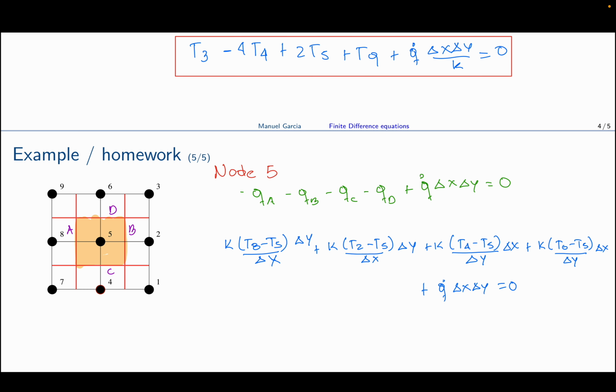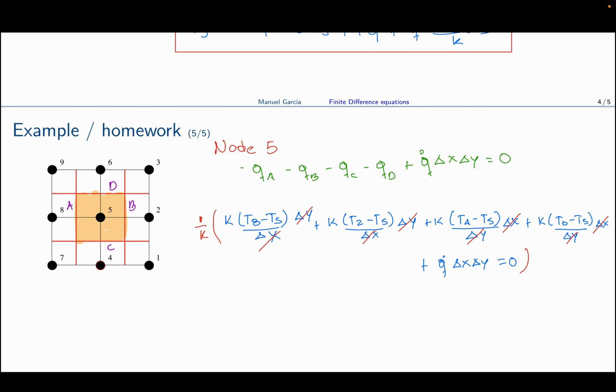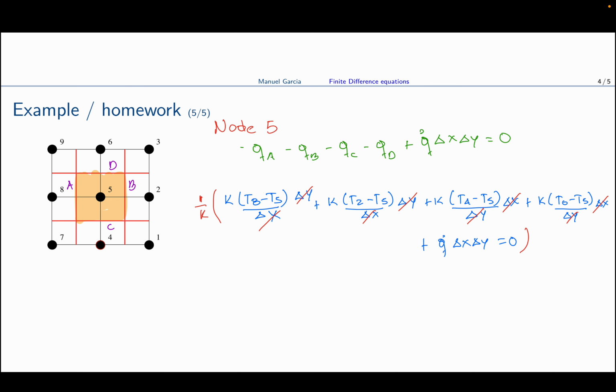So then again, we can cancel all the delta X with delta Y, and we can divide by K. When we divide by K, all these are cancelled, and we divide by K in the last term. Let's start with the one in the middle that is repeated in all the equations. So we have 1, 2, 3, and 4, so minus 4 times T5.